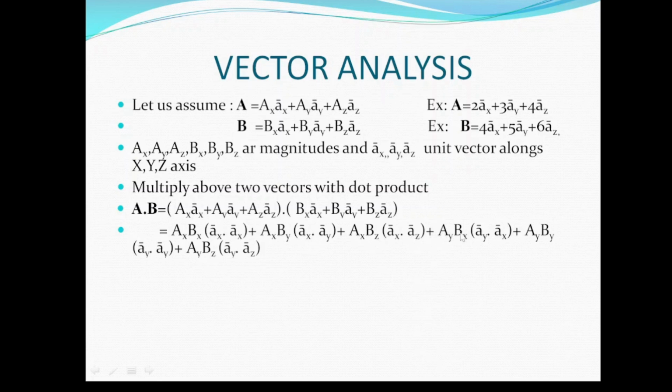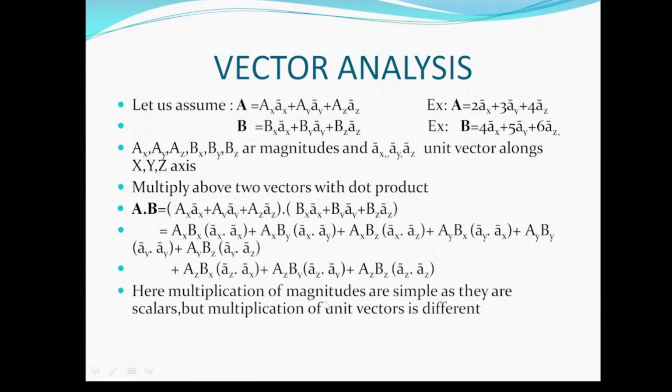Similarly, the second term into the first term, that is Ay into Bx, ay dot ax, plus Ay By, ay dot ay, plus Ay Bz, ay dot az, plus Az Bx, az dot ax, plus Az By, az dot ay, plus Az Bz into az dot az. So these are the 9 terms after multiplying the two vectors A and B.